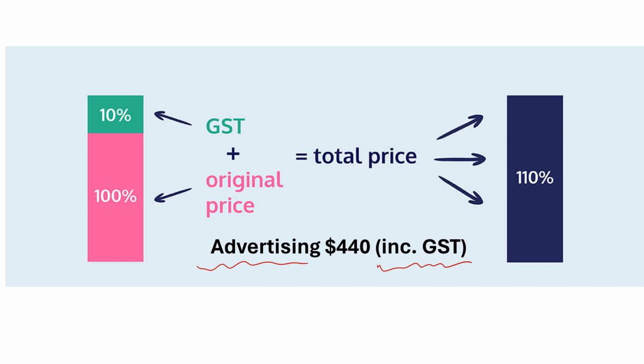What we do is we divide this into 11 parts because the GST and the advertising have a 1 to 10 ratio. So if we divide 440 by 11, that gives us $40. And so therefore one part is GST, $40, and then 10 parts, 10 times 40, is for the advertising.